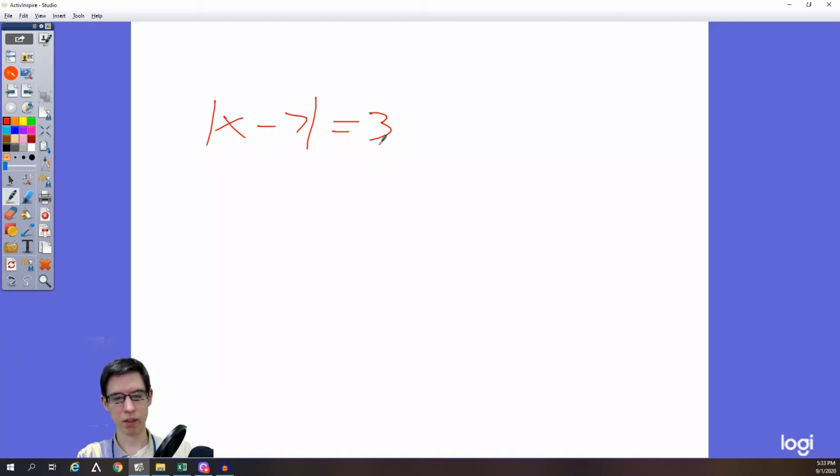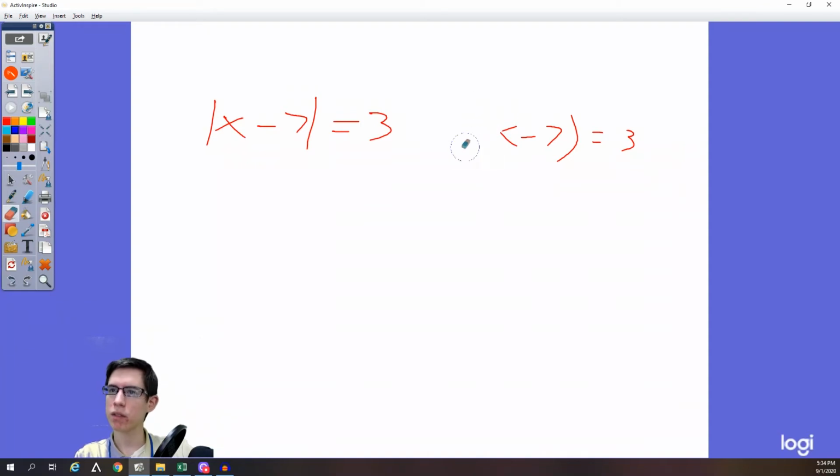Now, in order to get rid of the absolute values, in order to properly solve this, I need to get rid of these, because just like with parentheses, if I had parentheses x minus 7 equals 3, the parentheses technically stop me from moving the 7 over until I've gotten rid of them. Now, in this case, there's not really anything stopping me from just dropping the parentheses off, right? But with absolute value, it's a little bit different.